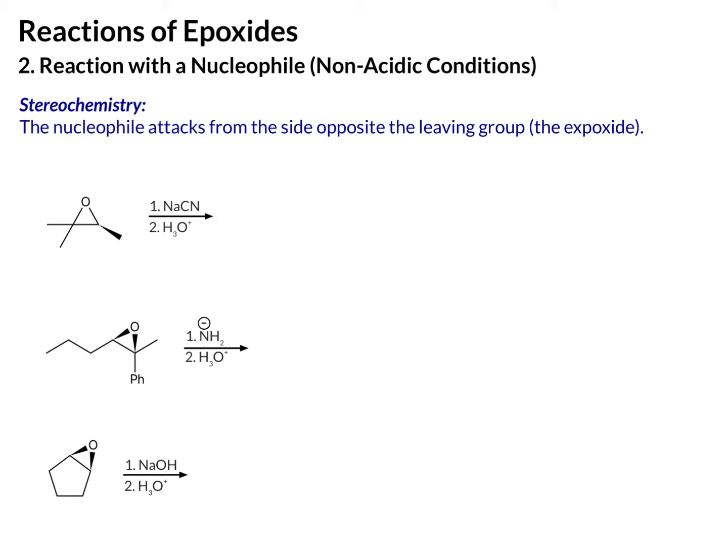So in our first reaction, we have NaCN. That's Na plus, and CN minus is the nucleophile. Look at your two epoxide carbons, and the one on the right is less substituted because it has a methyl, and if you want to draw it in, we have a hydrogen.